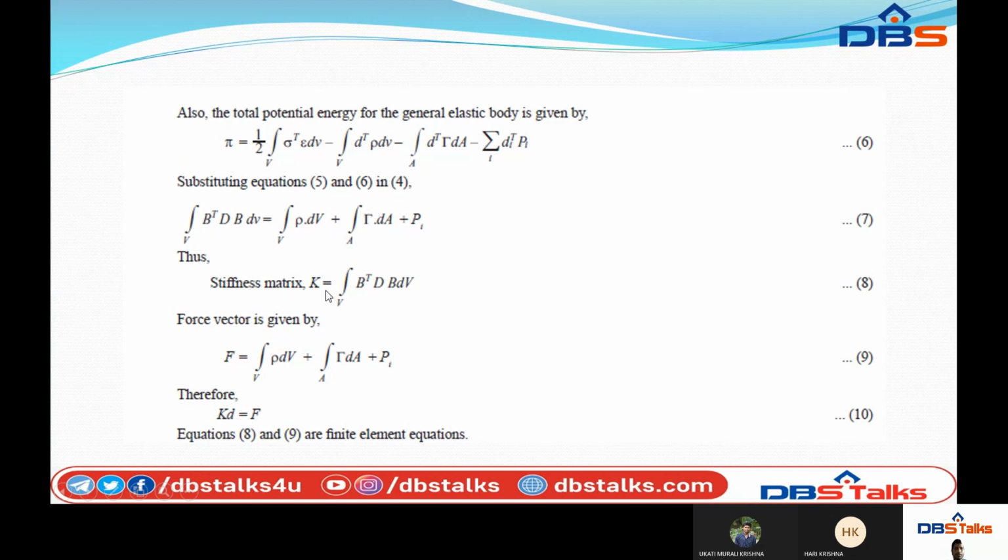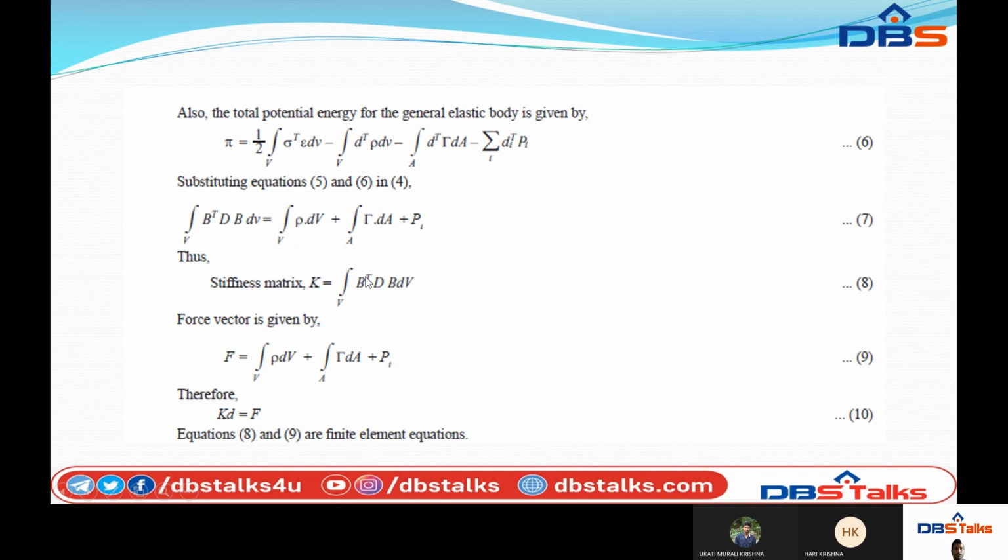Next, we already know that the stiffness matrix K equals the integral over V of Bᵀ D B dV. Then the force vector F equals the integral over V of the body load P dV plus, with respect to area, the traction load T dA, plus the summation of point loads. Therefore, Kd equals F. We already know the finite element equation KQ equals F, where the unknown nodal displacement d is nothing but Q. KQ equals F is a very important equation for doing problems in the finite element method. KQ equals F or Kd equals F.